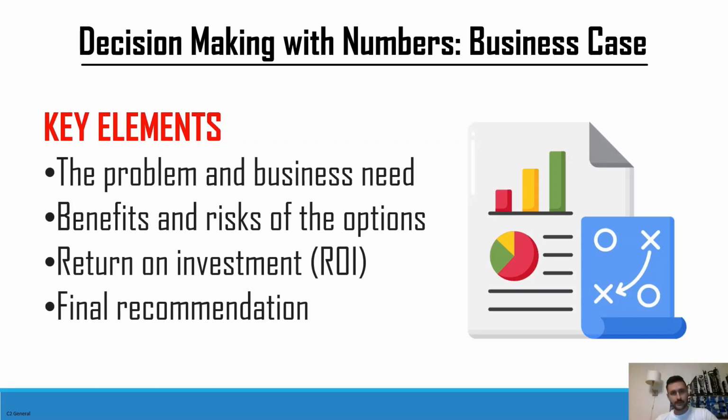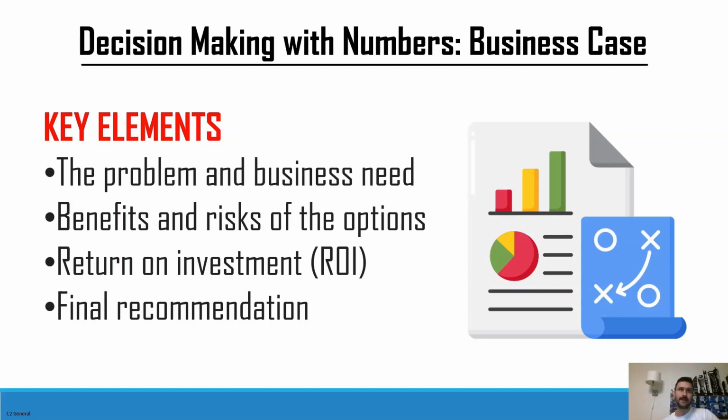So considering these questions, there are some key elements you definitely need to include in your business case: the problem and business need; as always, benefits and risks of the options if you have more than one option in terms of execution of the project; return on investment, also known as ROI.